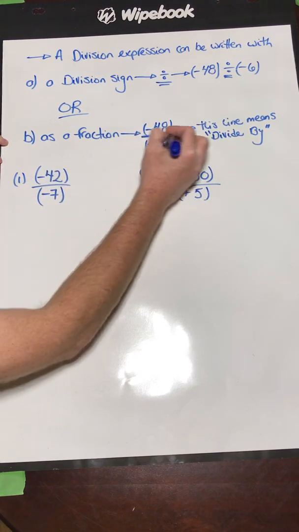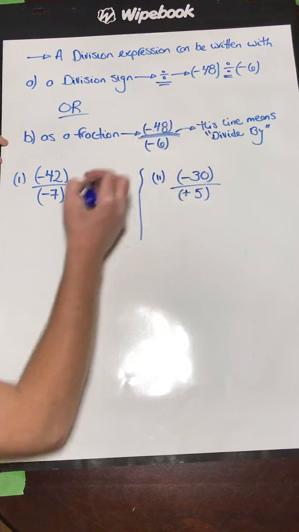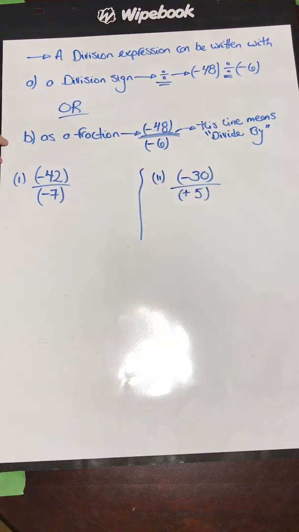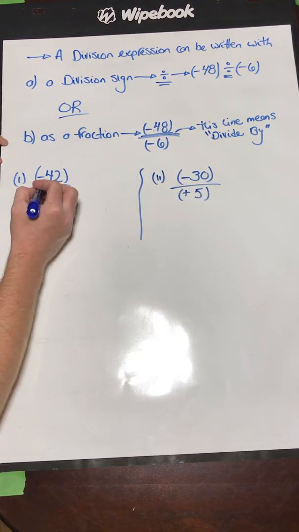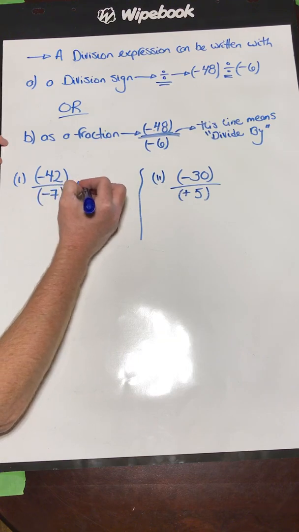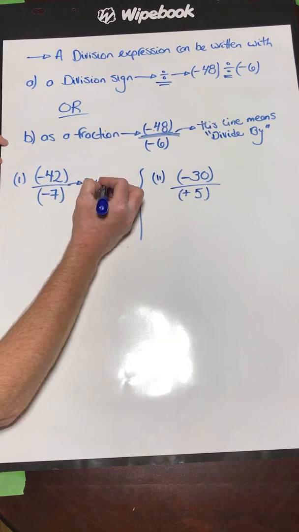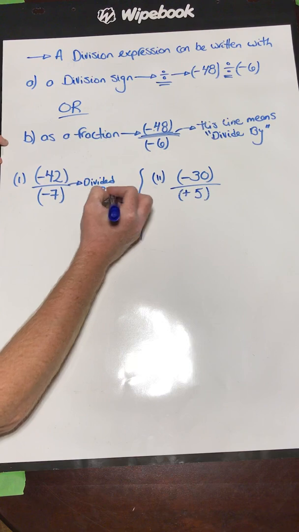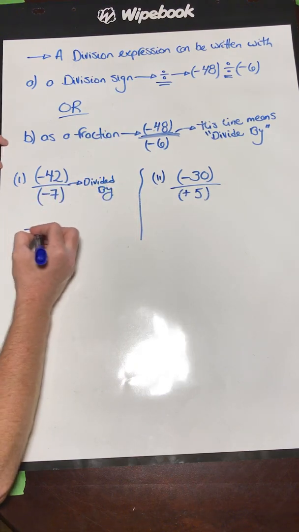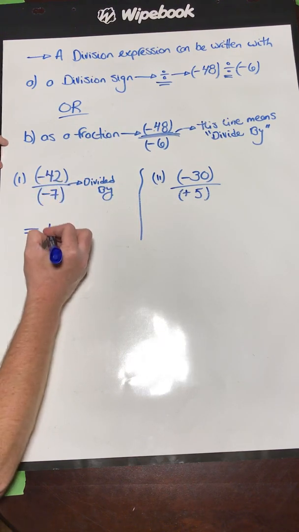And this line here means divide by. So negative 42 divided by negative 7 equals, two negatives means it's going to be a positive 6.